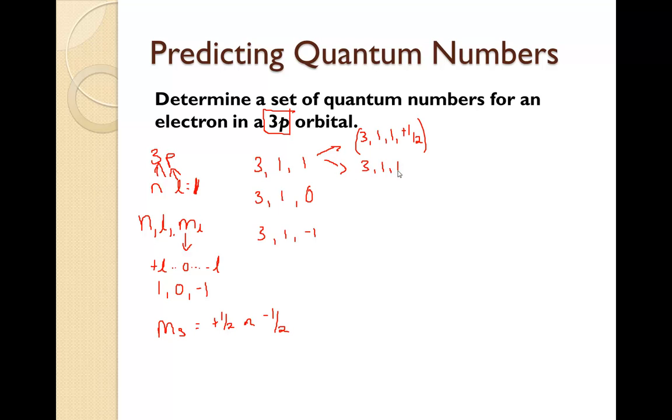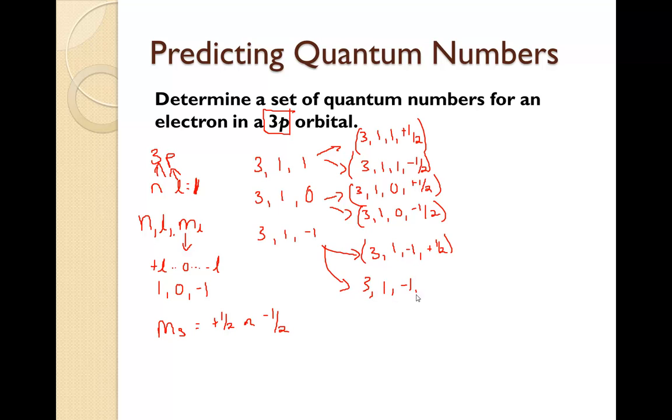This can go 3, 1, 0, positive 1/2, and 3, 1, 0, negative 1/2. And finally, we can break this one down to be 3, 1, negative 1, positive 1/2, and 3, 1, negative 1, negative 1/2.